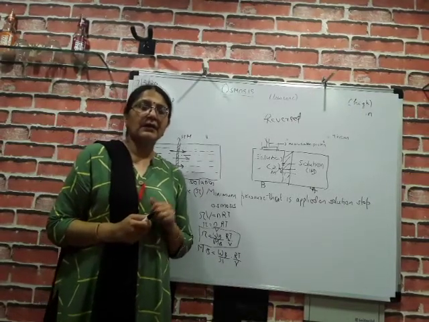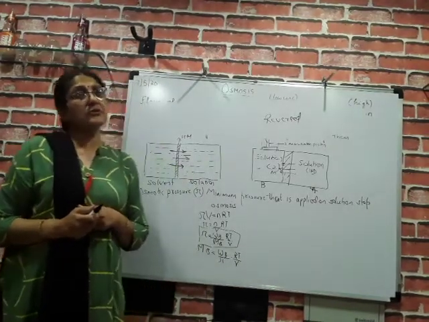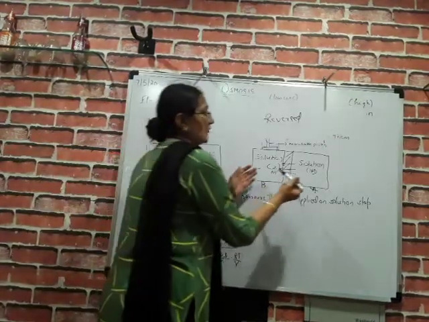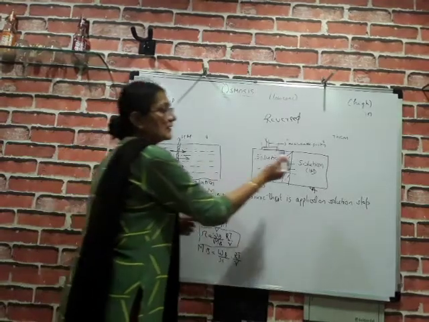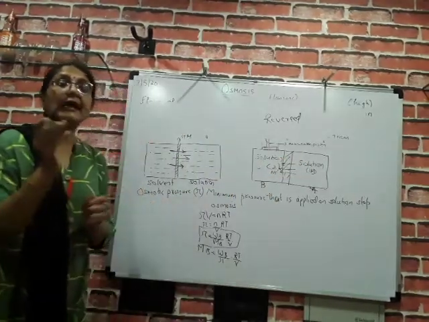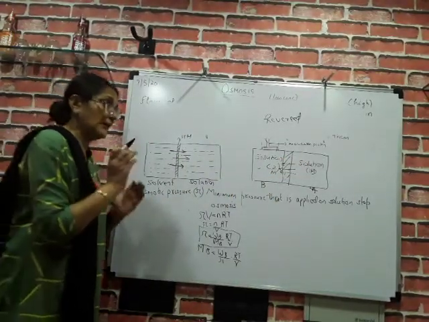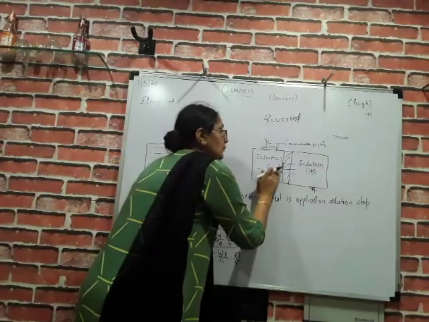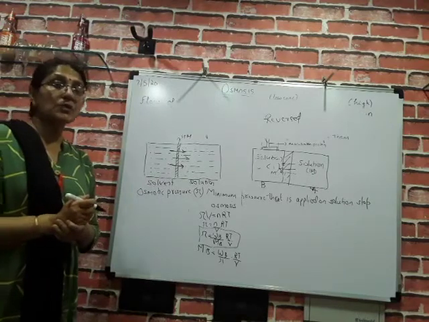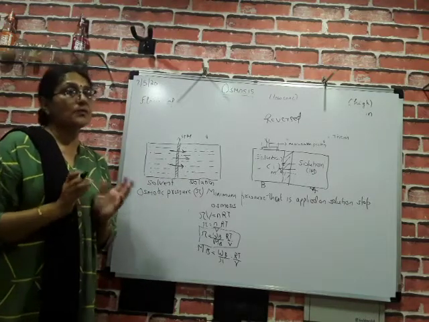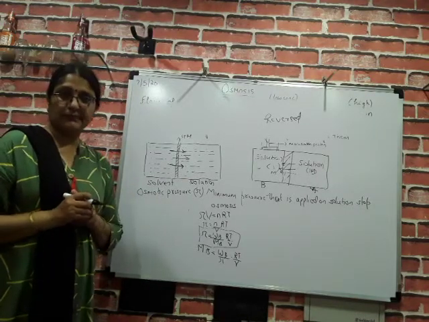Now suppose I have taken two solutions, like here I have written solution 1, solution 2, and they have different concentrations. But when I take on both sides 1 molar solution, no osmosis will occur.